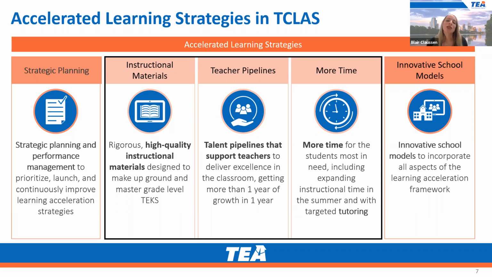Innovative school models is unique in that it provides an opportunity for districts to give more targeted campus supports that may not necessarily be needed district-wide. Today, we're going to be focusing on that middle one there, teacher pipelines.